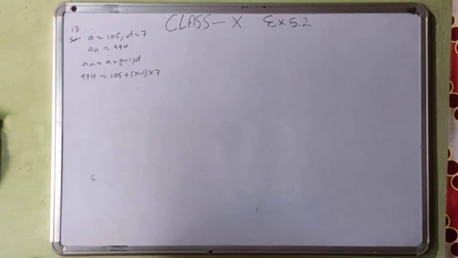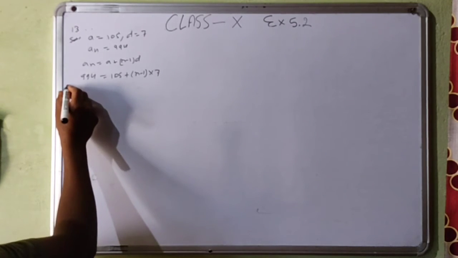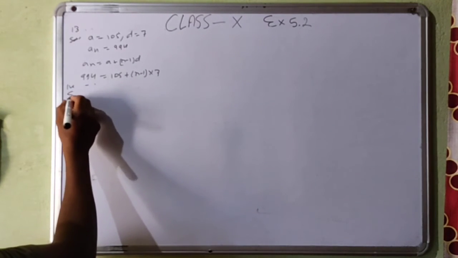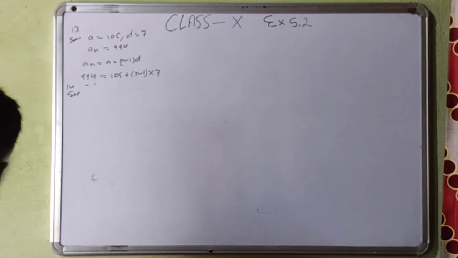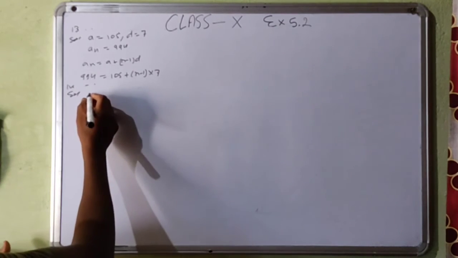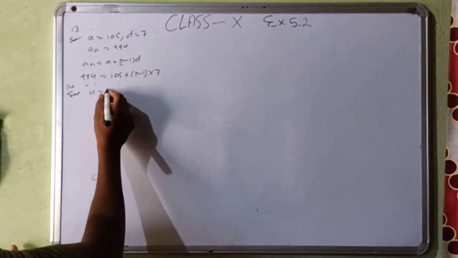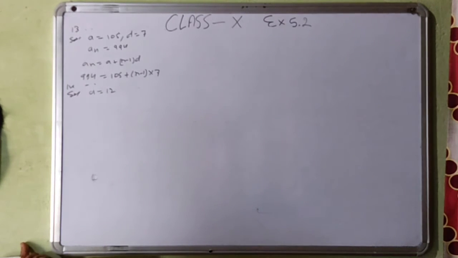Question number 14. This is also the same. How many multiples of 4 lie between 10 and 250? So the first number that will divide is 12. 10 will not divide, 11 also not divide.